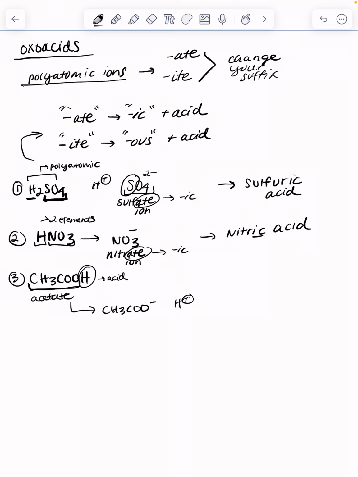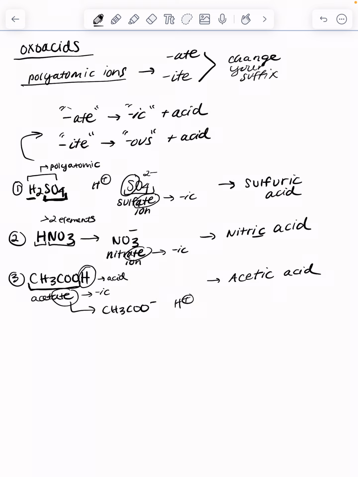Now I just have to decide how I'm changing our suffixes to name this compound. So I'm going to take that ate, turn it into an ic, and I'll take the root of acetate, so acet, and then add ic, so acetic acid.